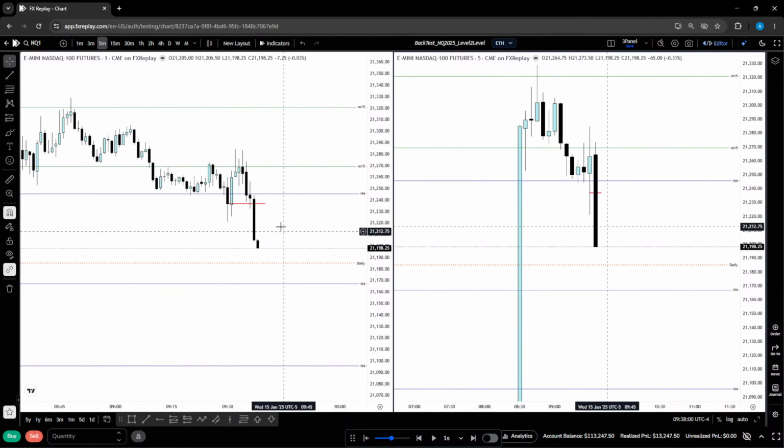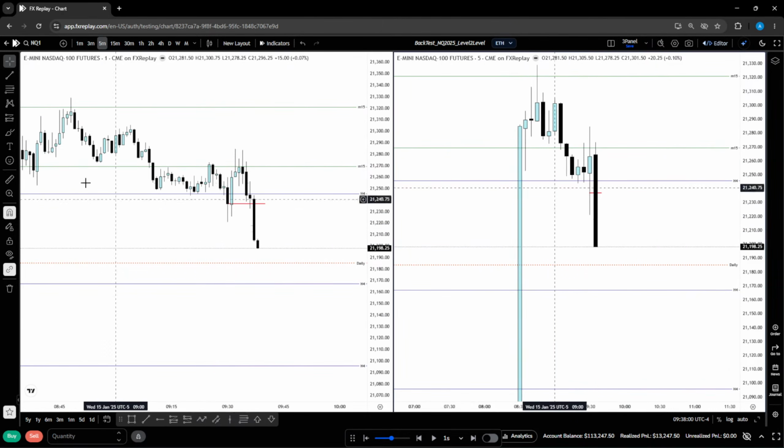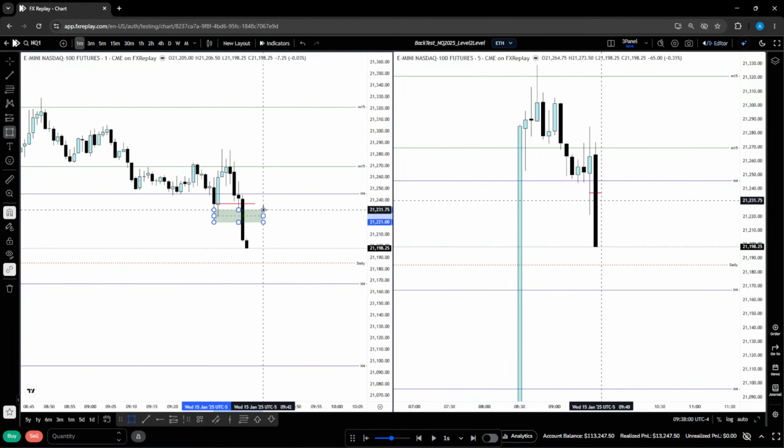So if we get a little bit of retracement to this area, I can set up a short.